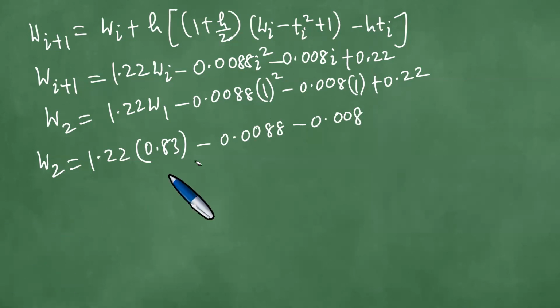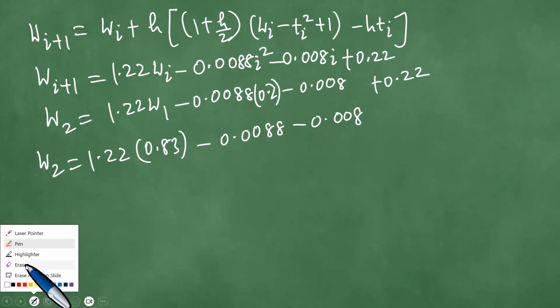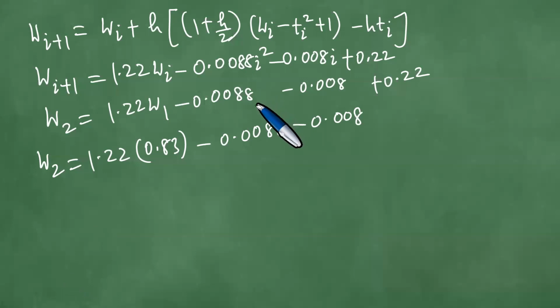You need to be very careful. So this one is going to be 0.2. Please just note that, because remember h is in steps of 0.2. So this one is going to be 0.2, but you square it.